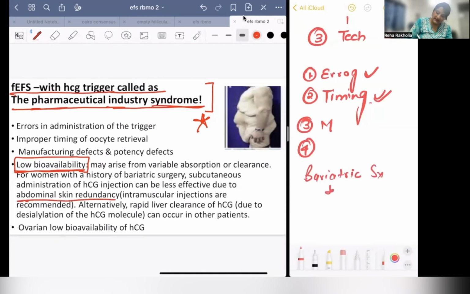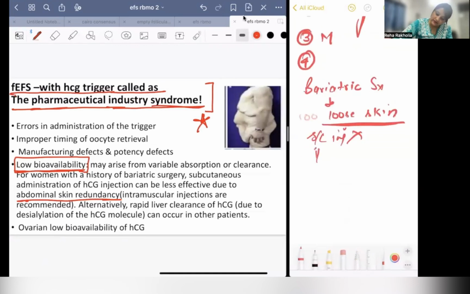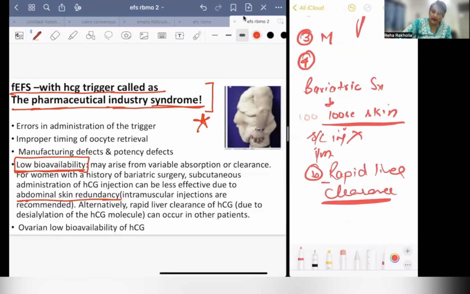After bariatric surgery there will be abdominal skin redundancy, meaning loose skin. So subcutaneous injection won't work. We'll have to give intramuscular injection. Second is rapid liver clearance, then also there will be low bioavailability.